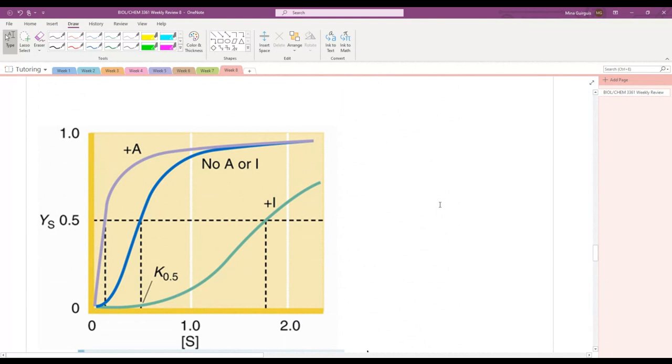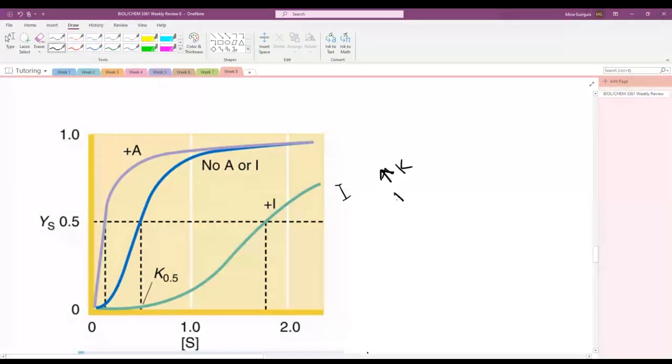Rather than affecting V, it affects K, right? It's a K system. So in a K system, your inhibitor increases K, remembering the idea that K is inversely related to the binding affinity of the substrate for the enzyme. So increasing K decreases affinity.